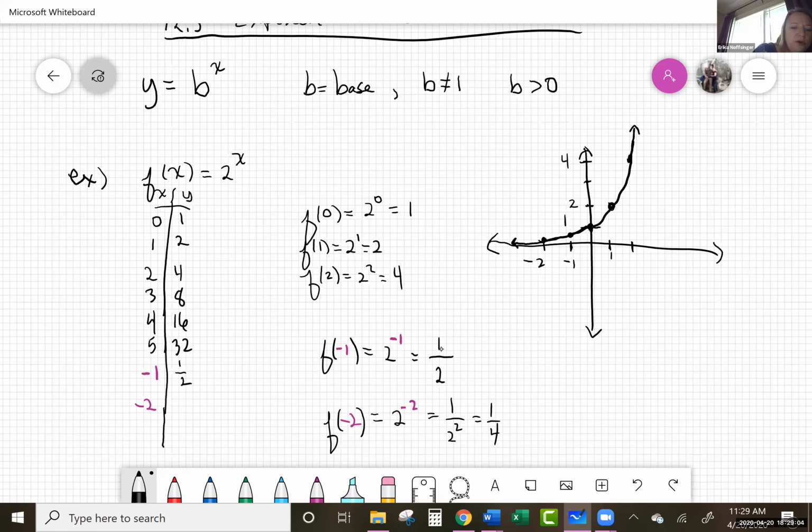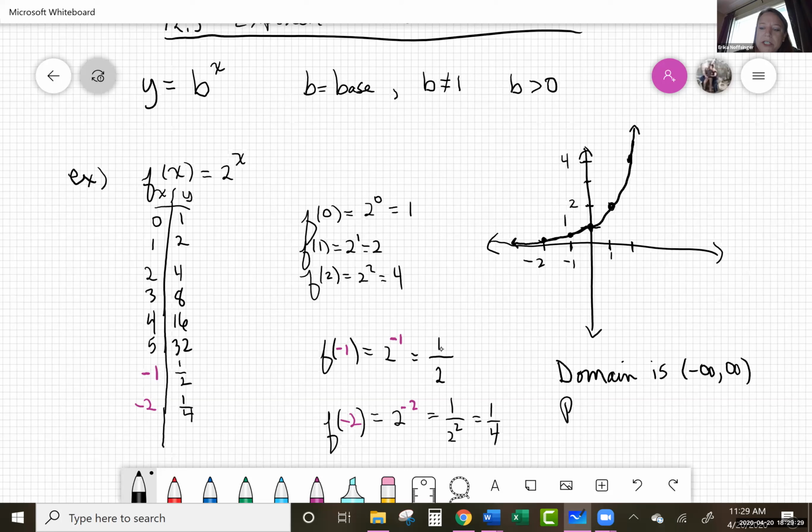Notice that there's no number you can plug in for x that will give you a negative number, and there's no number that you can plug in for x which would set that equal to 0. So our domain is all real numbers, -infinity to infinity.